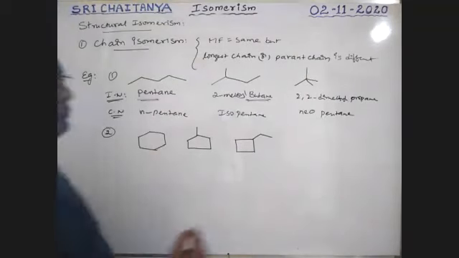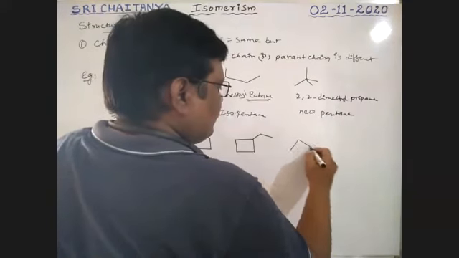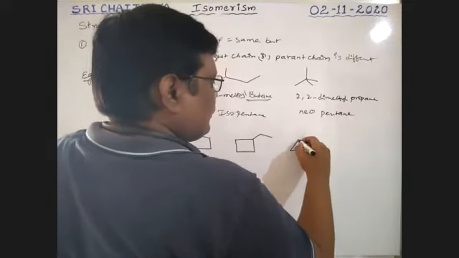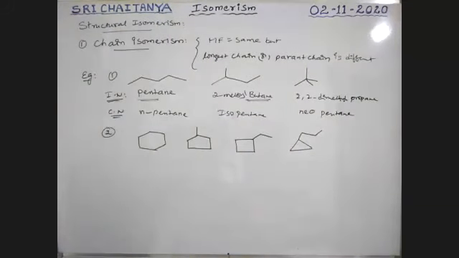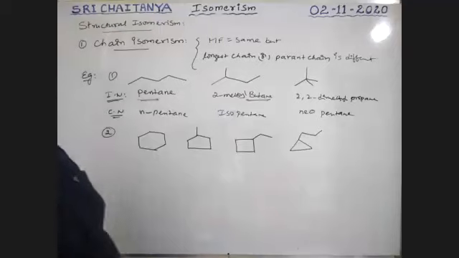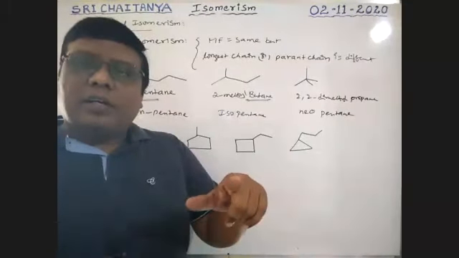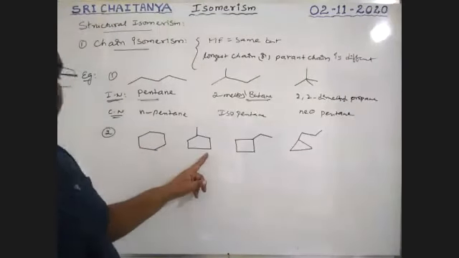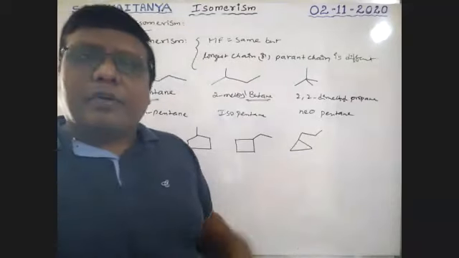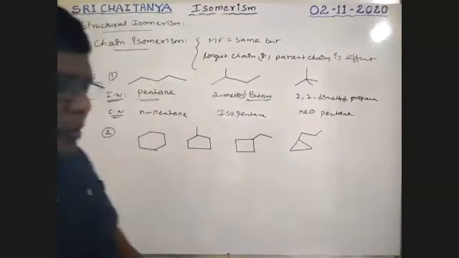Propylcyclopropane, also 6 carbons, boys. The ring length is different: 6-membered ring, 5-membered ring, 4-membered ring, 3-membered ring. That means all these are chain isomers, boys.